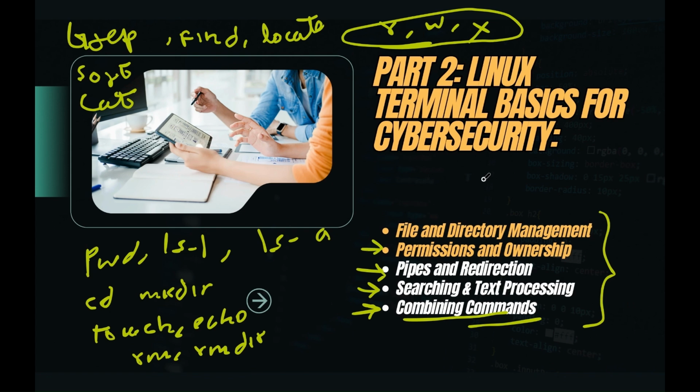Nice, you have just leveled up. Today you learned to move around files like a boss, control permissions like a bouncer, and use pipe and redirection like duct tape. We also searched logs like a digital detective and used chained commands like a true hacker.